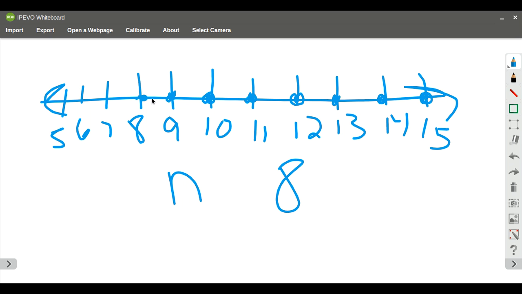So n, if I look at all my values, so 9, 10, 11, 12, 13, 14, 15, 16, 83, are all greater than 8. But I also have the ability, if I'm 8 years old, to be able to ride or to be able to sled by myself. So n is going to be greater than or equal to 8. That's the value for children who do not need to be accompanied by an adult.